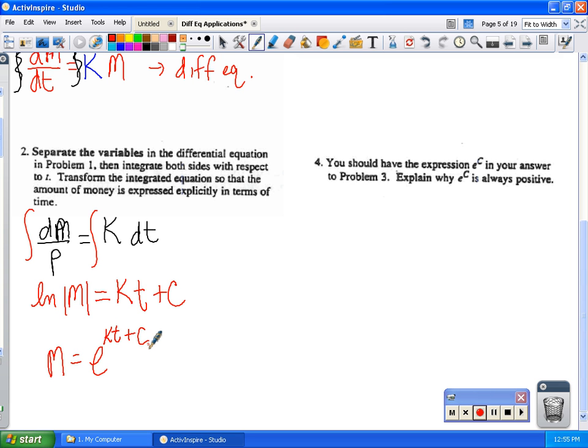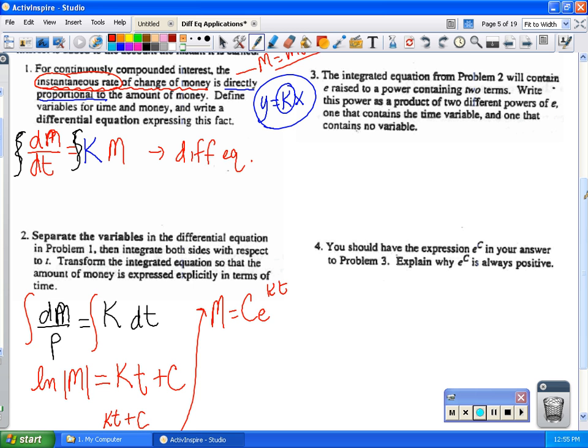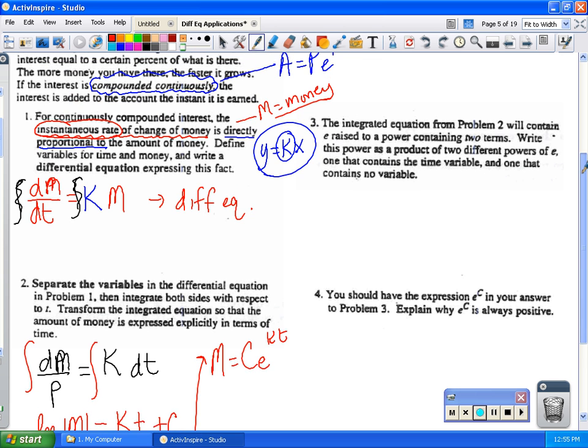Remember, we discussed in class that we could take this apart, and e to the c is going to be a constant. So when I simplify this, I have my money is equal to c, the initial value, e to the kt, which is, in different letters, the PERT formula.